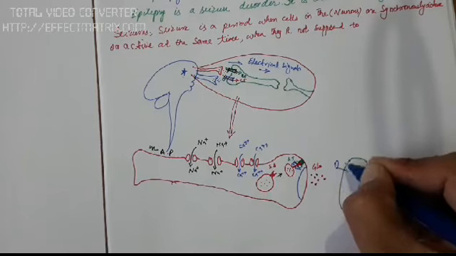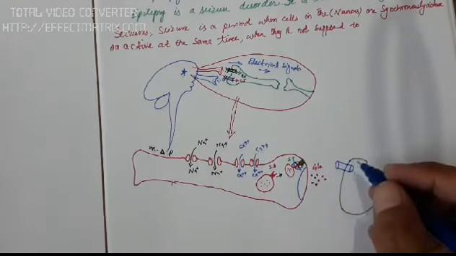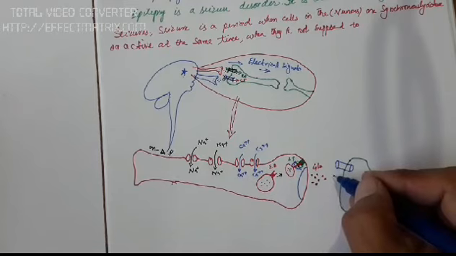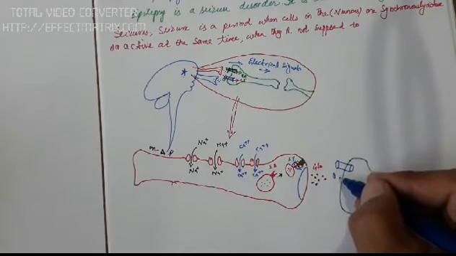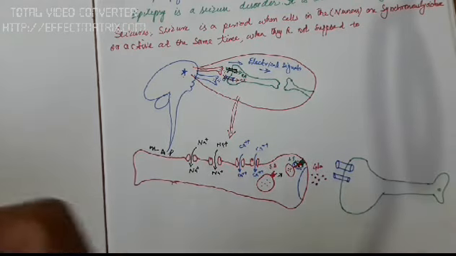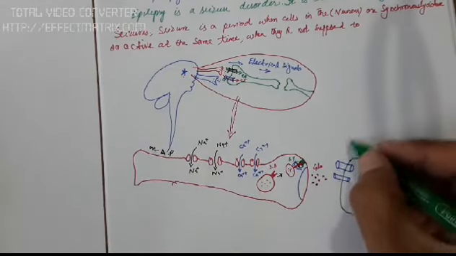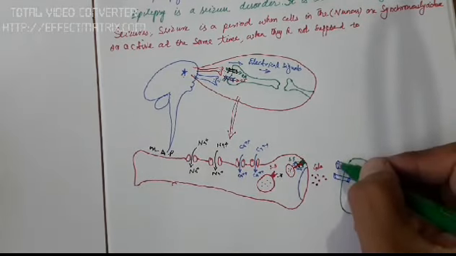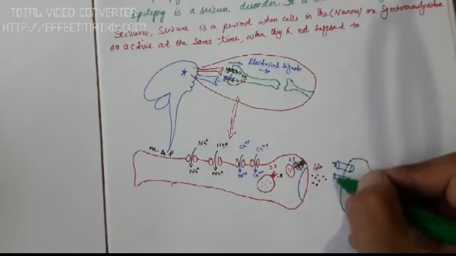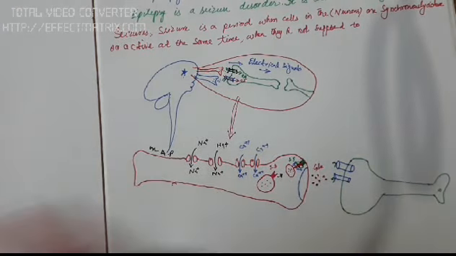One is called the NMDA receptor or N-methyl D-aspartate receptor, and the other one is called the AMPA receptor, AMPA channel. It has a receptor here for glutamate, and it has a receptor here for glutamate.